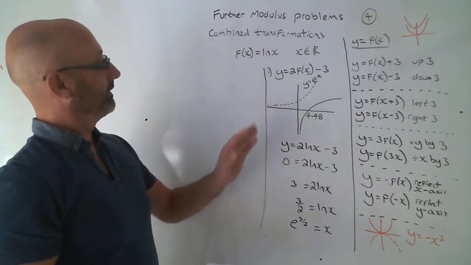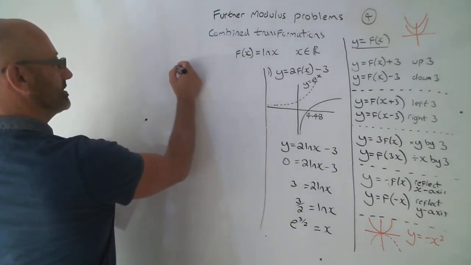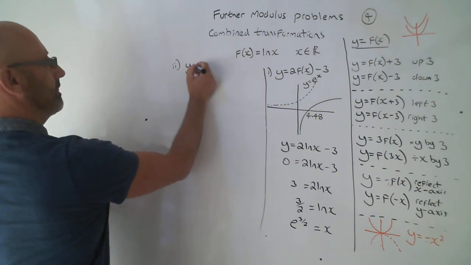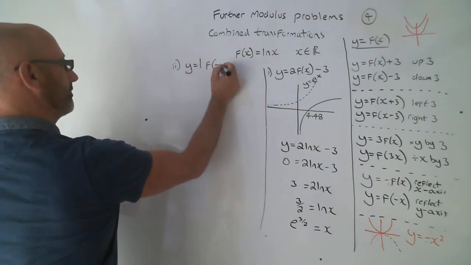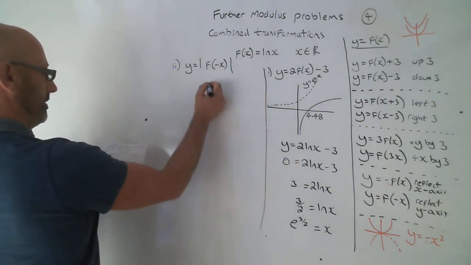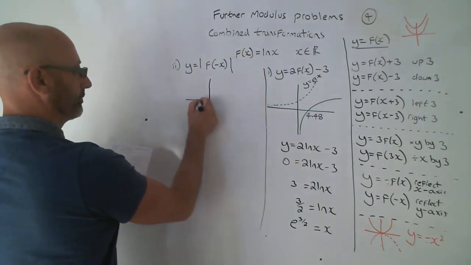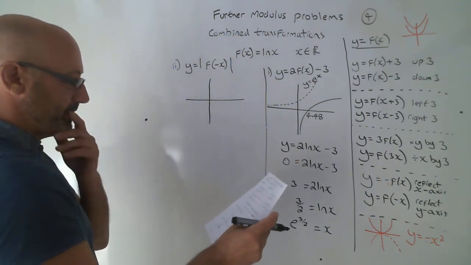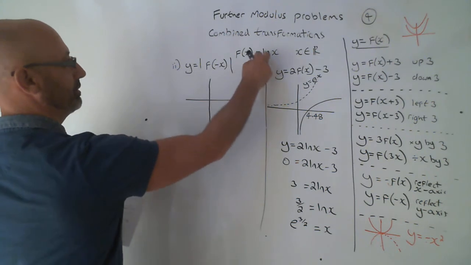Okay. Next, the second one I want to go over is y equals ln of minus x, in a modulus. Now we can draw ln x.